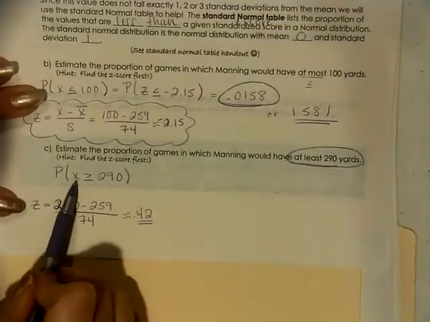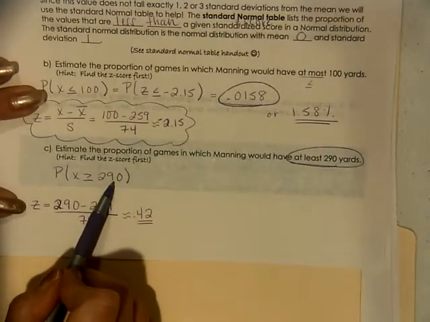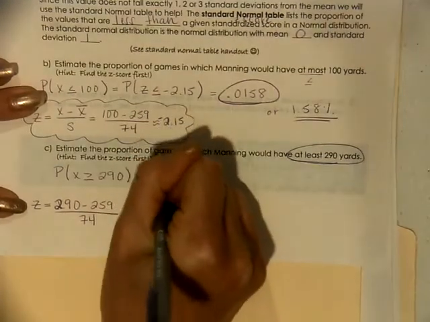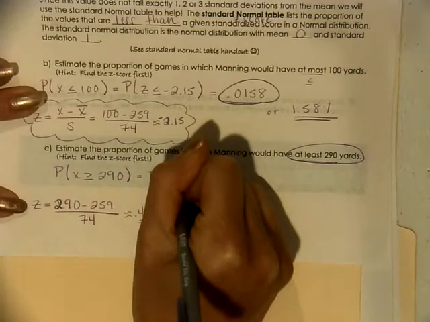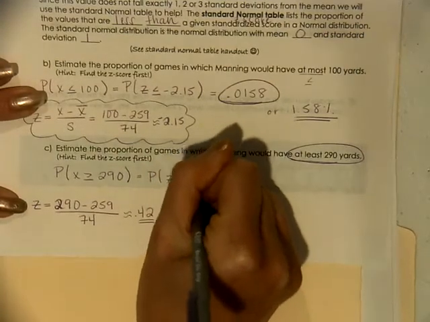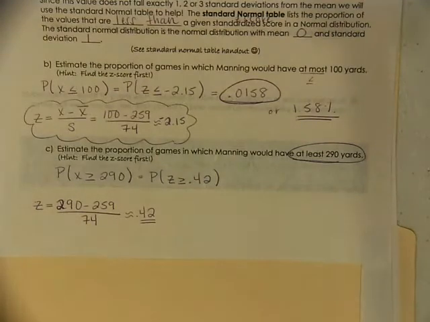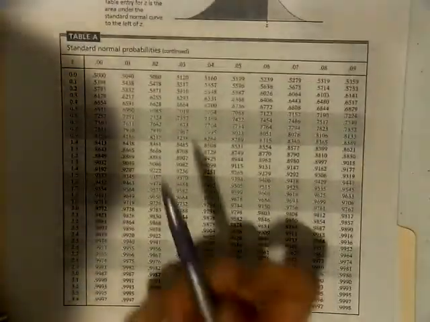So now the x value is greater than or equal to 290. When I use the standard normal table, that corresponds to z-scores that are greater than or equal to 0.42. So this time I'm going to be on the side with the positive z-scores.